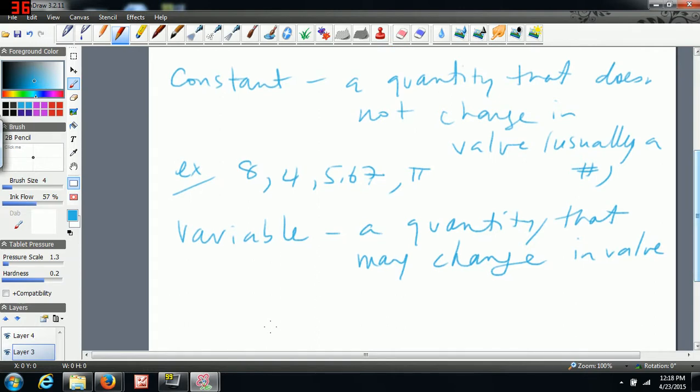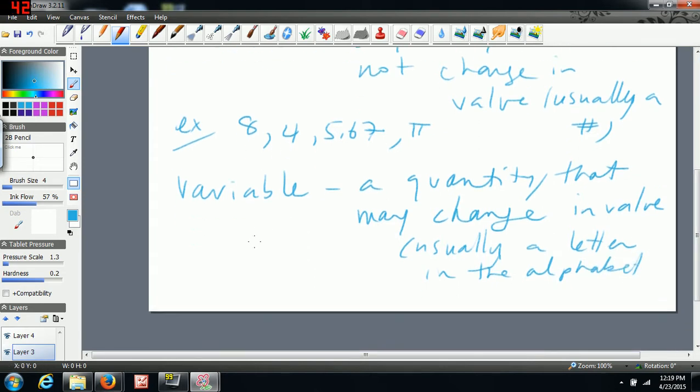Variables are usually represented by letters in the alphabet. Some examples of variables could be x, y, z, etc., and you'll see that in algebra. So these are variables. This means that they may change in quantity.